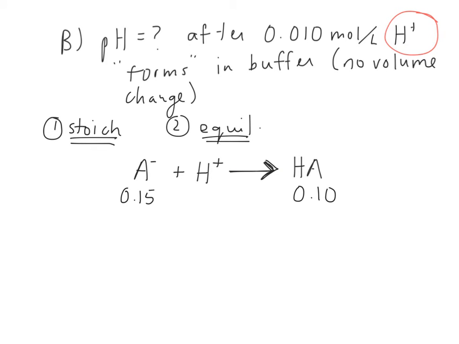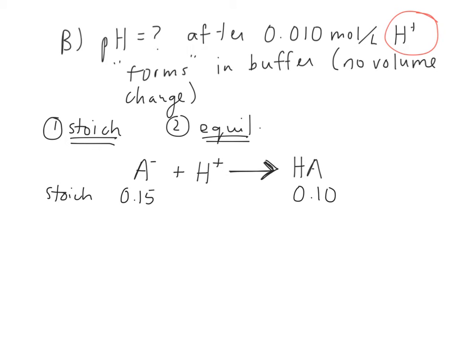Now what I've just plugged in here, this is not an ice table, this is me still dealing with stoic. I plugged in from the previous slide the initial concentrations of acetate and acetic acid that I had in my buffering system. Now, really, I do have equilibrium concentrations from my buffer system itself, but remember, we disregarded the X, okay?